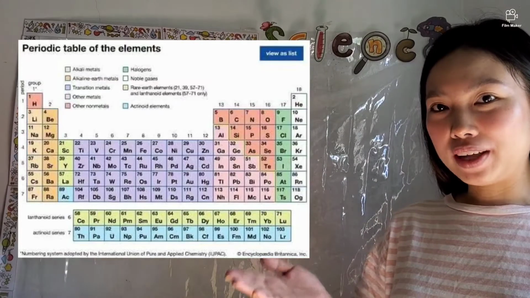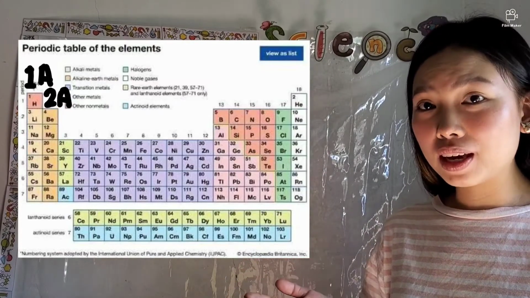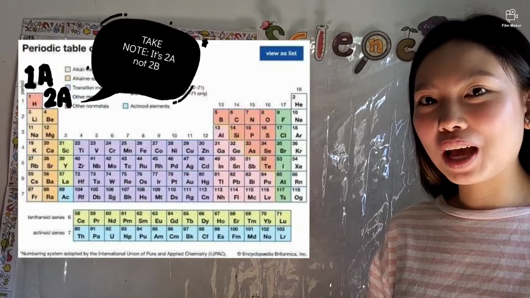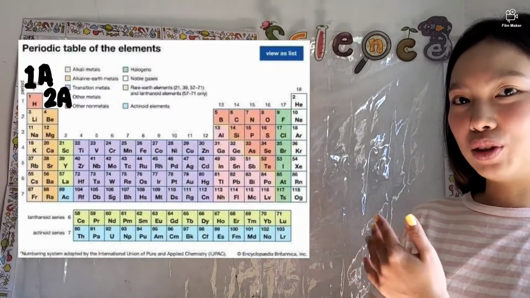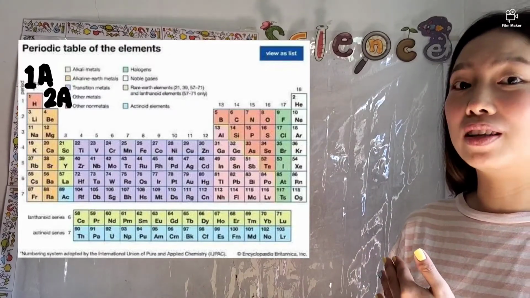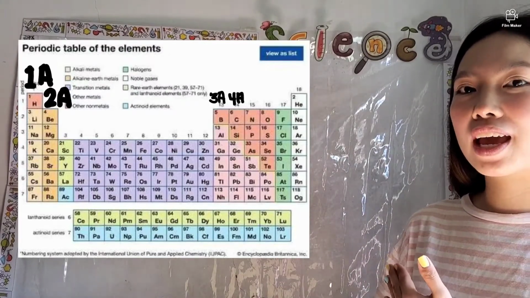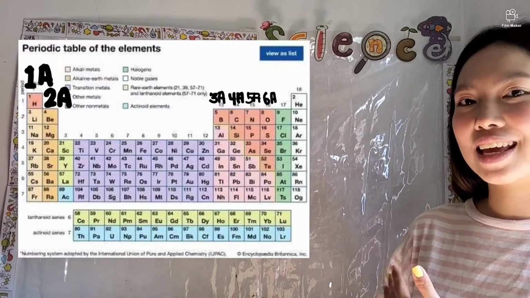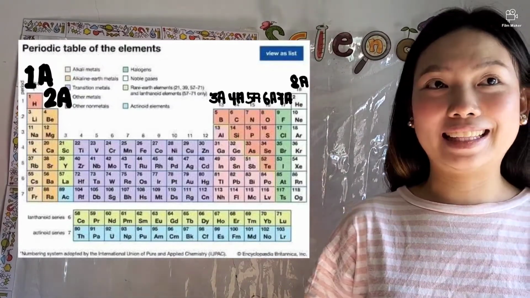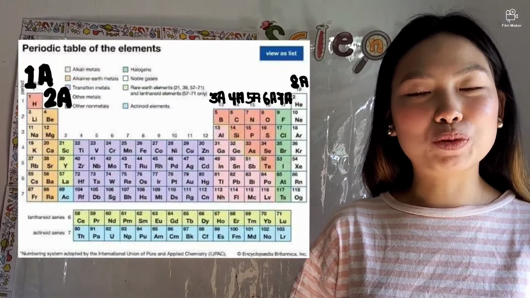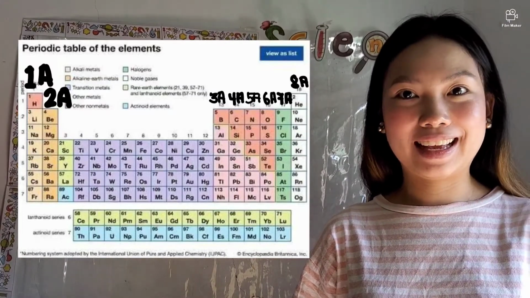So, that is our 1A, 2A, and we skip the lowered ones. Then we go back to the tall ones, which will be 3A, 4A, 5A, 6A, 7A, and 8A. So, those are the groups 1 to 8A.